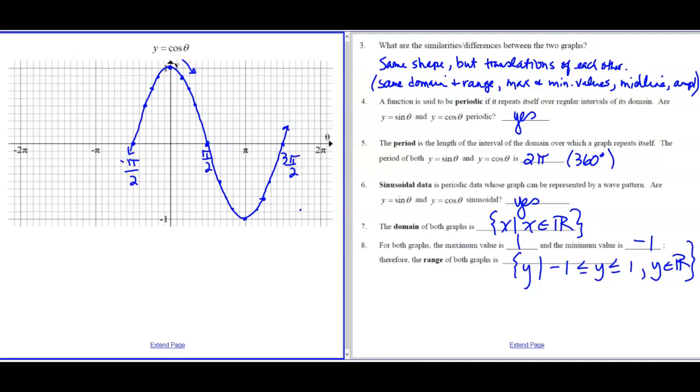Would that work? No. If I said multiple of pi over 2 times n, and n was 1, that's good. If n is 2, what happens? You get pi.